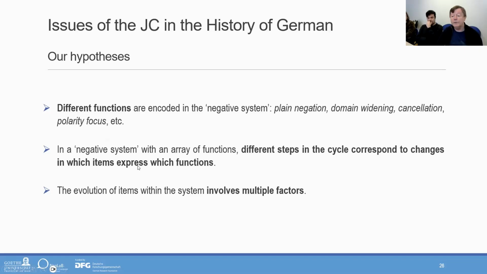And in a negative system with such an array of functions, different steps in the Jespersen cycle correspond to changes in which items express which function. And the evolution of new negators within the system involves multiple factors.